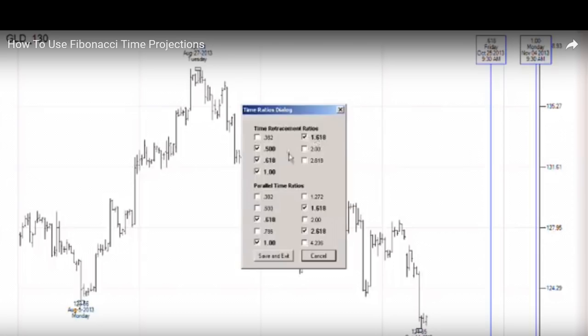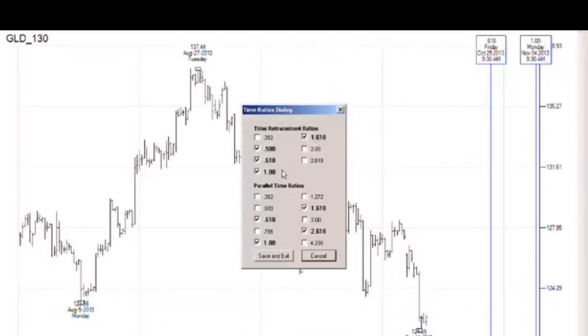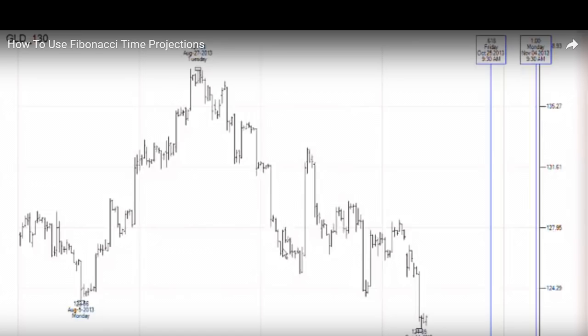That account's completely okay. And the most commonly used are bolded, and you just check them off to use them, and they'll persist until you change them for this session and for subsequent sessions also. Okay, that's it for Fibonacci time projections.